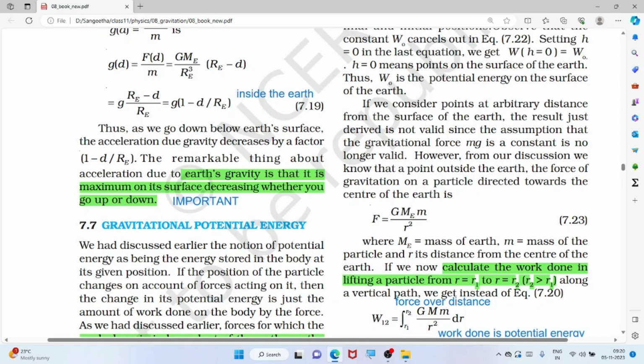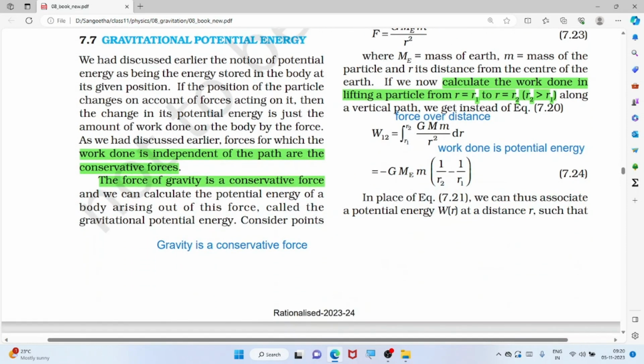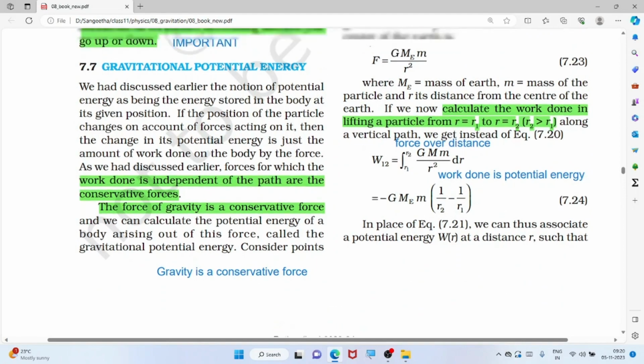This is important: earth's gravity is maximum on its surface. Gravity decreases whether you go up or down. If you go inside the earth it decreases, and if you go above the earth it also decreases. It is maximum at the surface of the earth. Gravity is a conservative force.